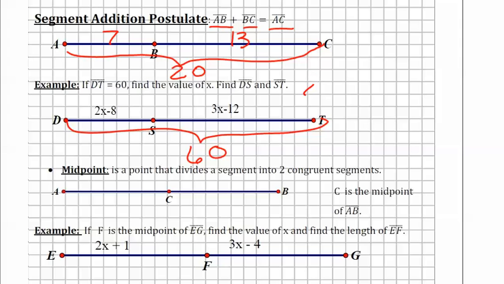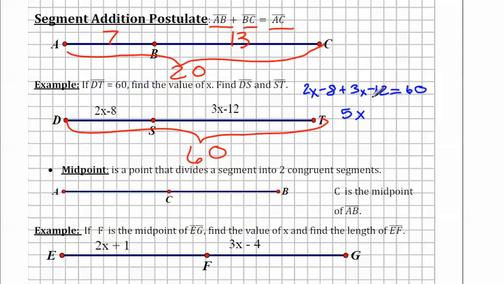So that looks like 2x minus 8, plus the next section, which is 3x minus 12, would give us the entire thing, which is 60. Segment addition: we're always going to add a piece to another piece. Then we combine like terms, so I'm going to take the 3x and the 2x, and that makes 5x.